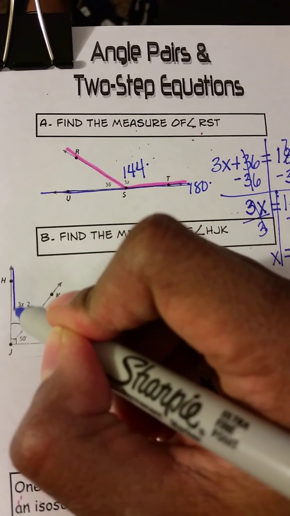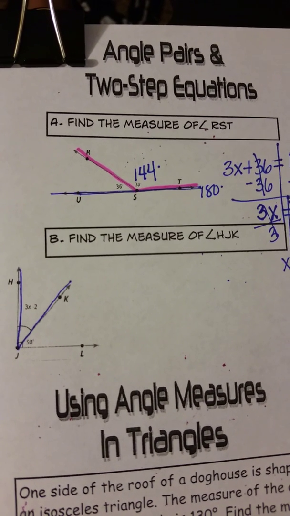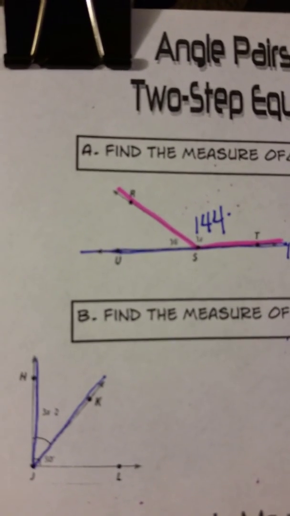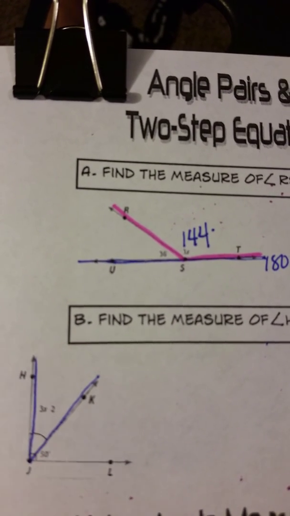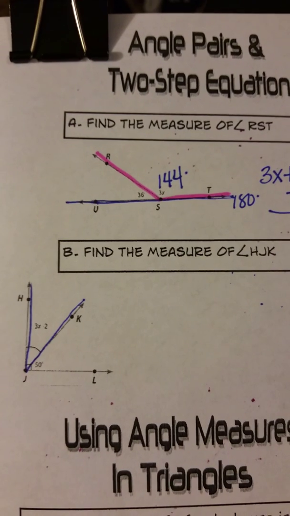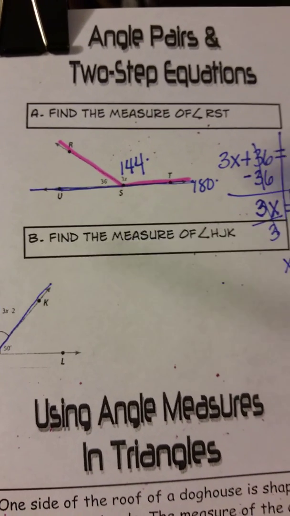So we're trying to find the measure of this angle here. And we know it says it's 3x, and I think that's a minus 2. We're going to find the measure of HJK.